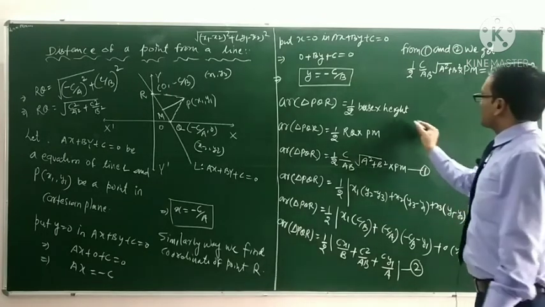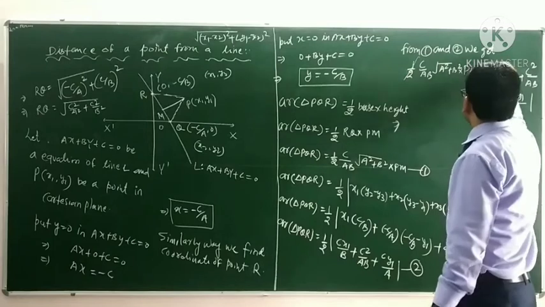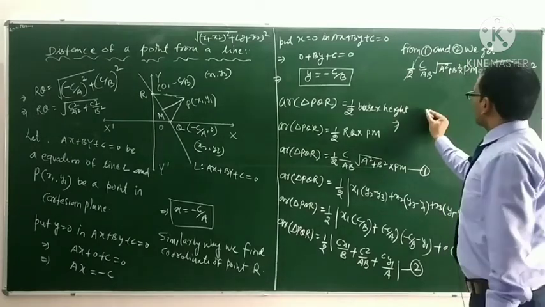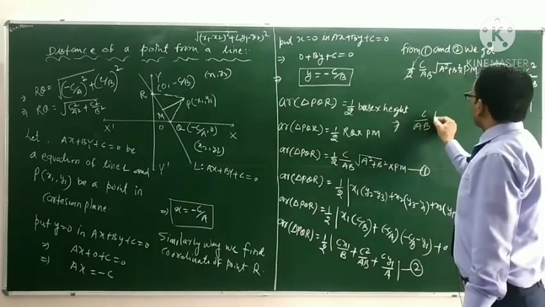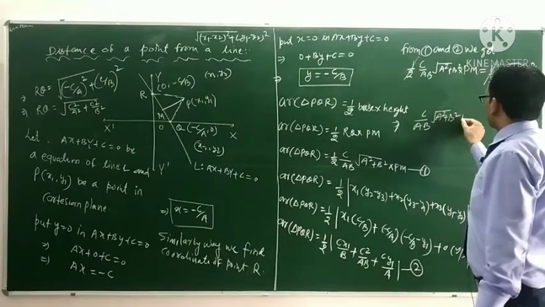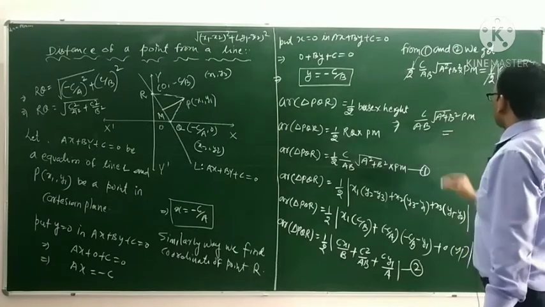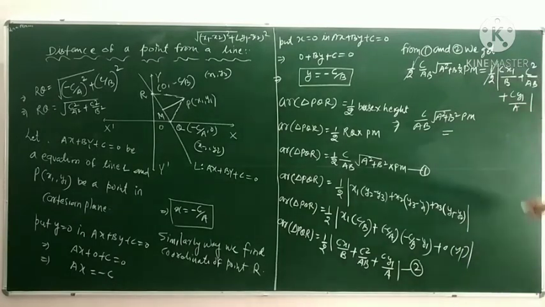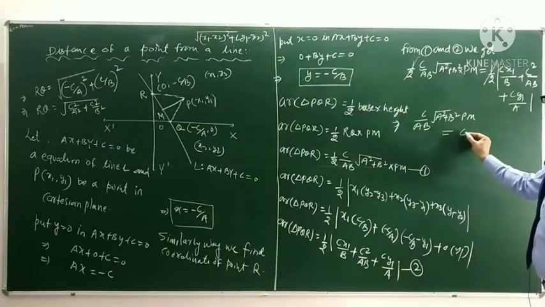Okay students, this implies that 1 by 2 will be cancelled. C upon AB, square root of a square plus b square PM is equal to, here we take the common c.